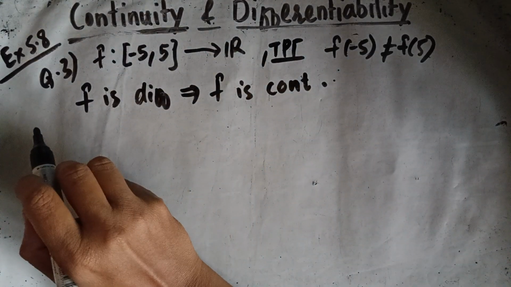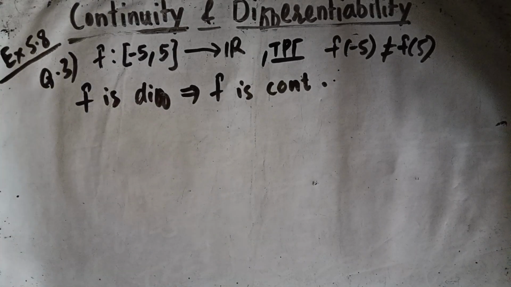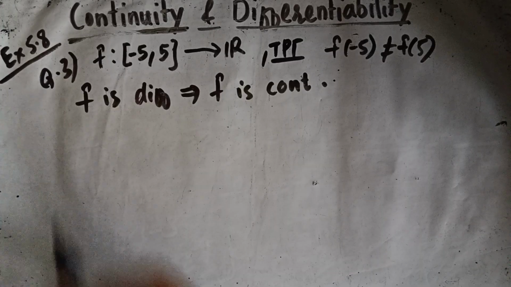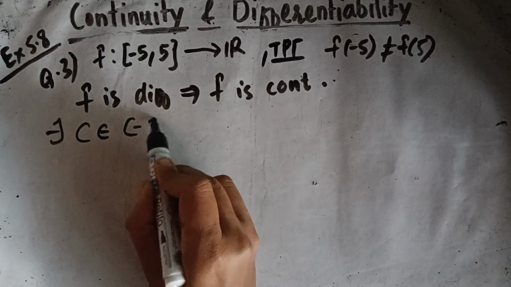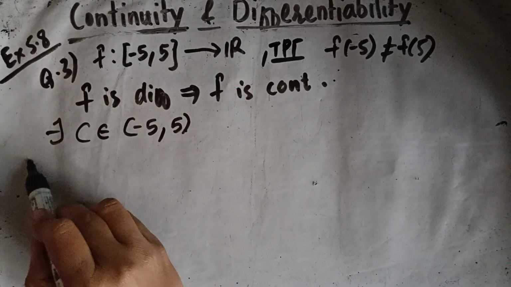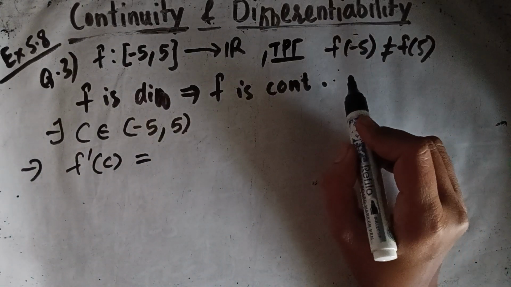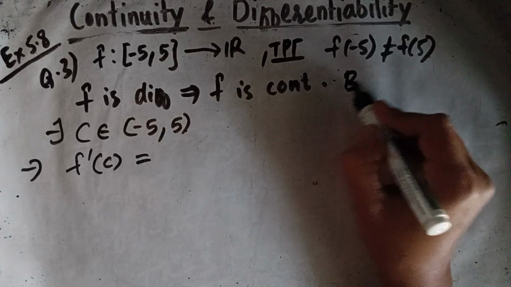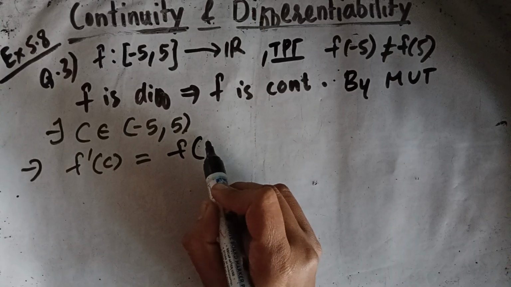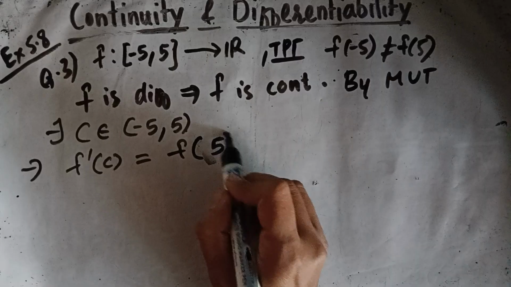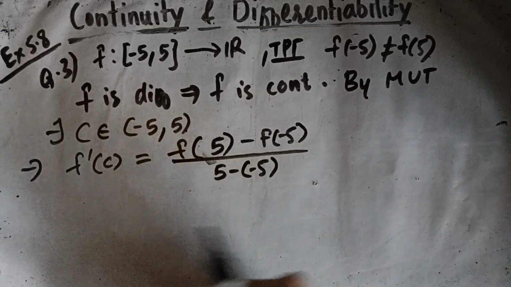So applying the mean value theorem, there exists a c belonging to minus 5, 5, such that f dash of c is equal to, by the mean value theorem, f of 5 minus f of minus 5 upon 5 minus of minus 5.